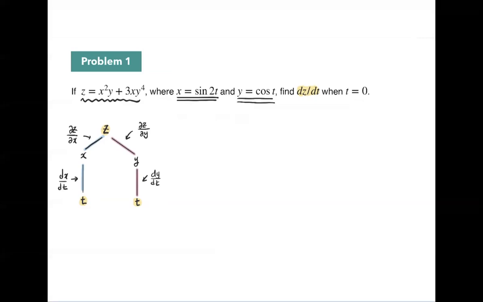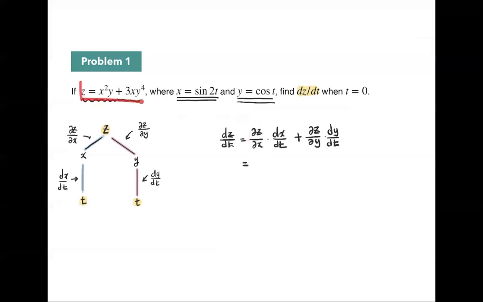So dz/dt is given by dz/dx times dx/dt. This is the path for the blue one, and we add the red one, dz/dy times dy/dt. To calculate it, we first calculate dz/dx.